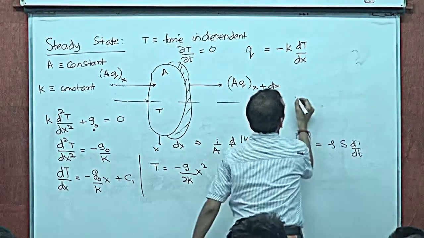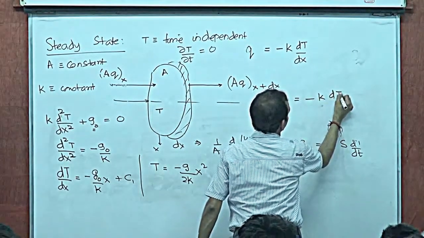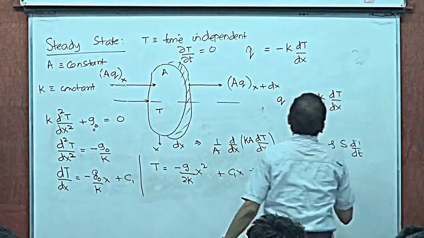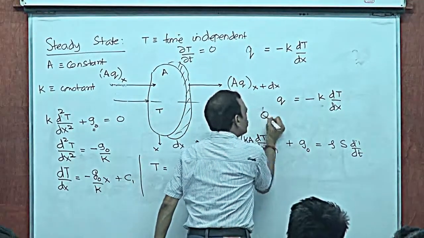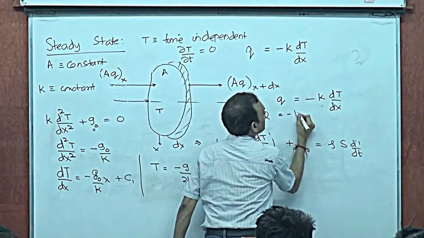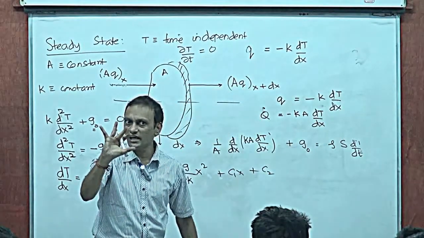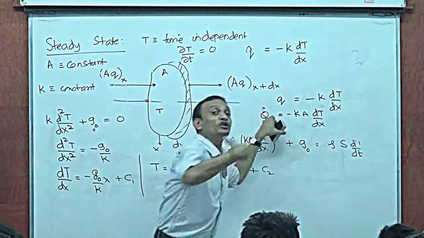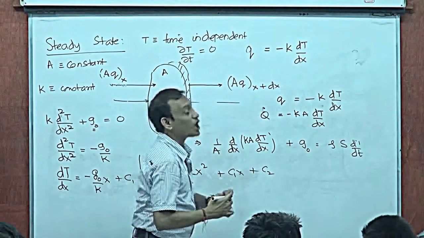If I had q equal to minus k dT/dx, and there was no internal heat generation, then q dot, that means watts, would be minus kA dT/dx. Under steady state conditions, these would be the watts flowing through any cross section of area A in the direction of the x-axis.